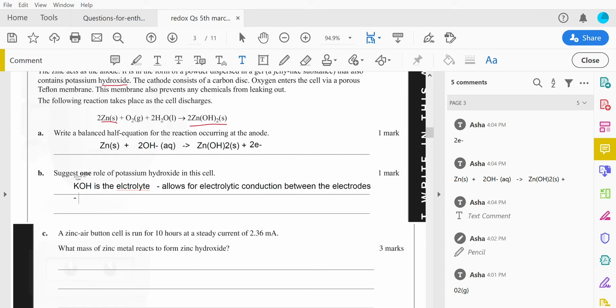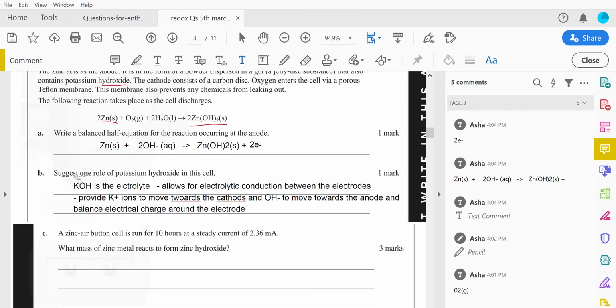Or I could think more about what electrolytes do in two half cells or in a salt bridge. And if we think of it like that, we can say potassium hydroxide provides K plus ions to move towards the cathode, and OH minus to move towards the anode and balance electrical charge, or balance the charges around the electrode.